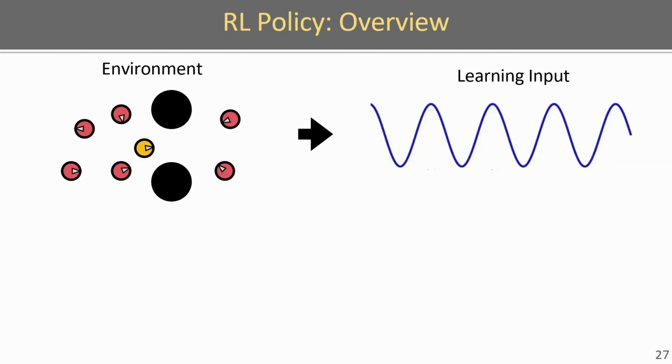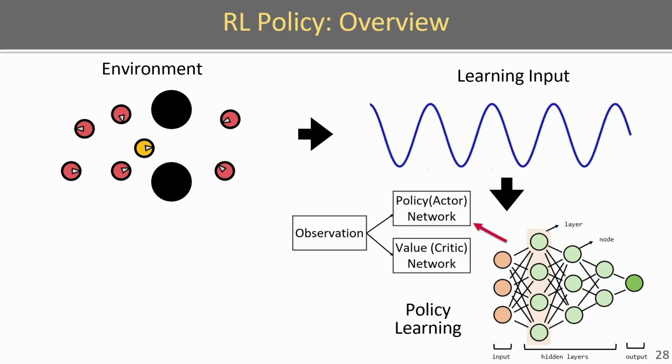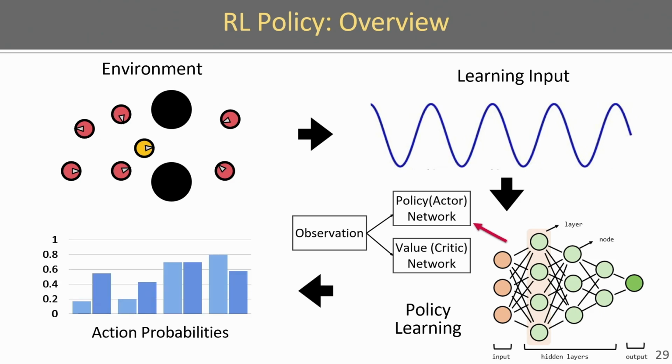To go further deep, our method gets learning input from the environment, and our network has an actor and critic network. The actor network takes an action for the agent, and the critic network evaluates the action taken by the actor. To be more specific, the actor network takes observation input from the environment and outputs a list of probabilities, one probability per action.